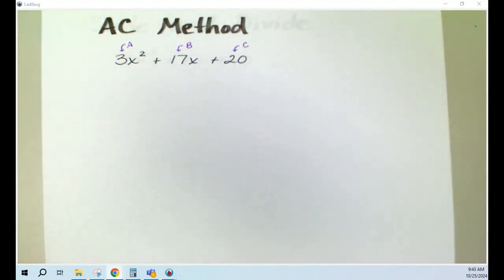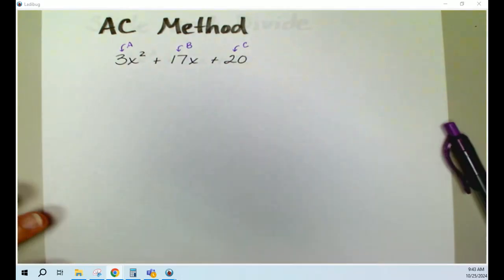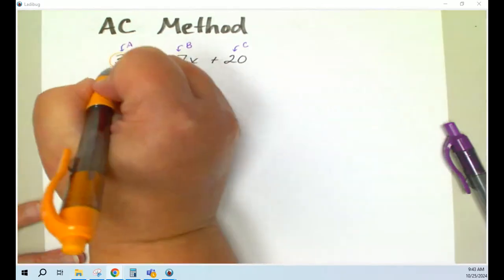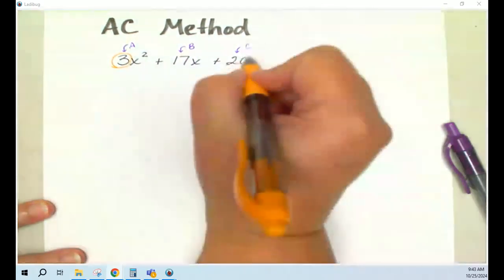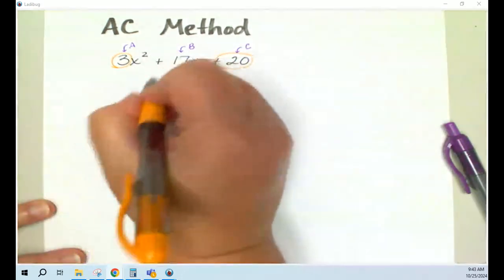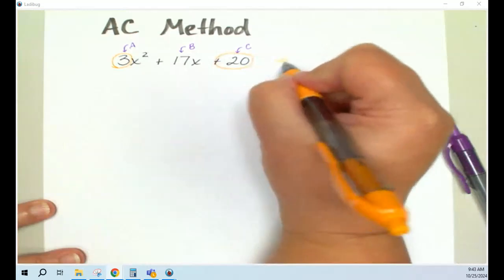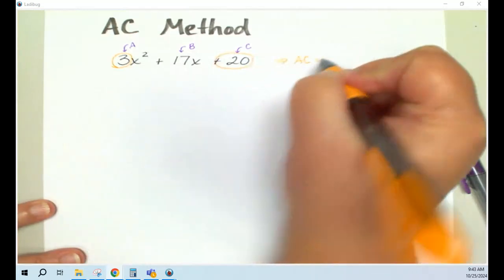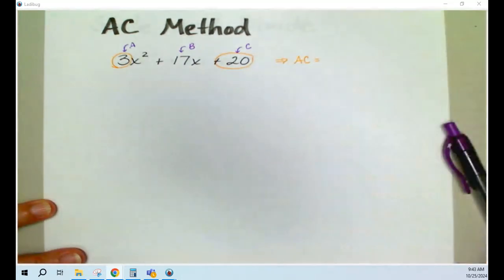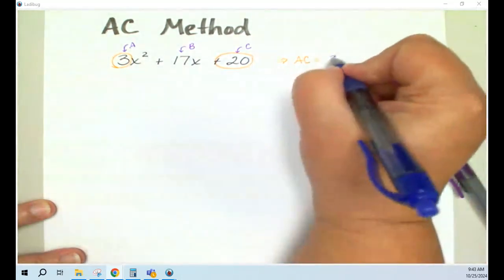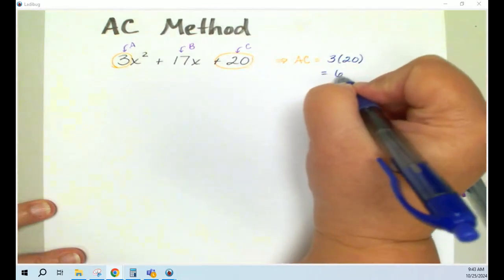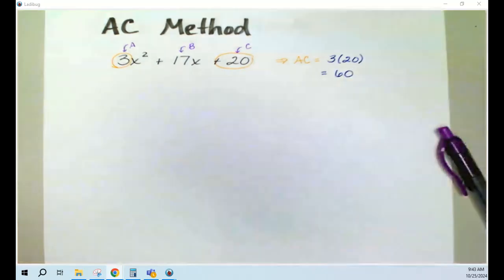And what the AC method tells us to do is take our value of A, which is 3, and our value of 20, which is our C, and notice what AC is. A times C. So we are going to take 3 times 20, and that gives us a result of 60.